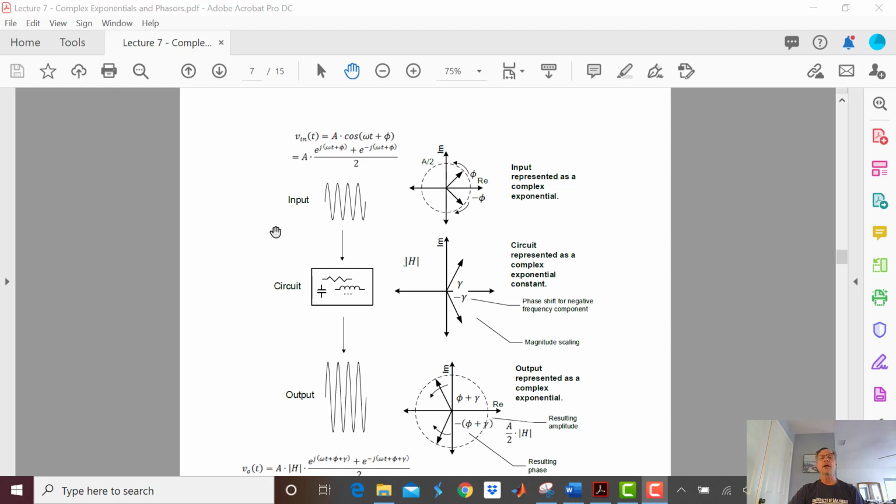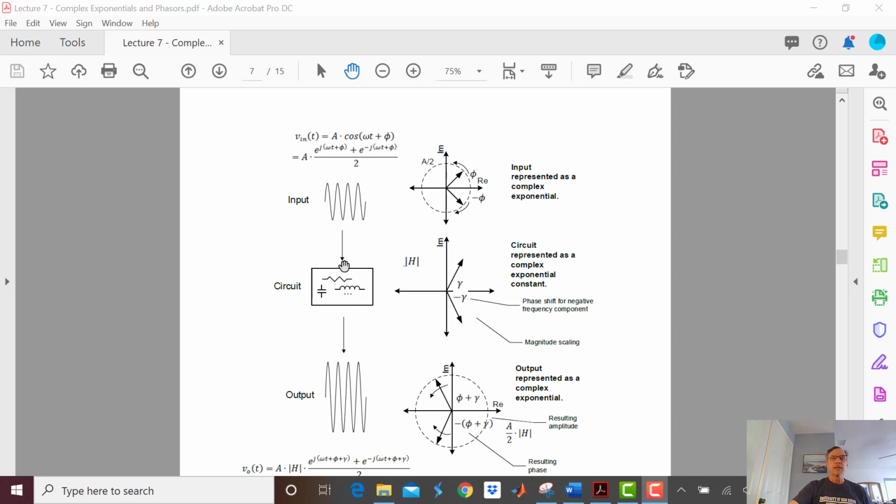If I put a sine wave into the circuit, then the output resulting from that sine wave at any point in the circuit will have the same frequency, and its amplitude will be scaled. So what the filter does is amplitude scaling and phase shifting.